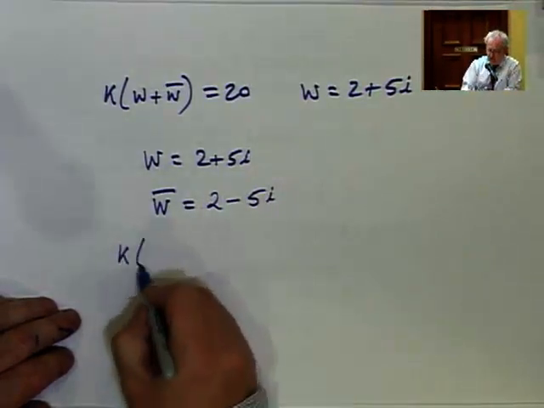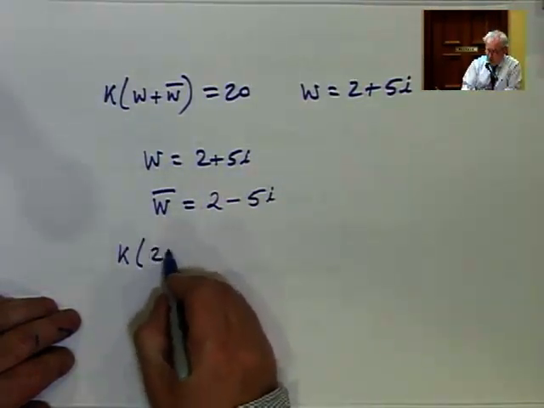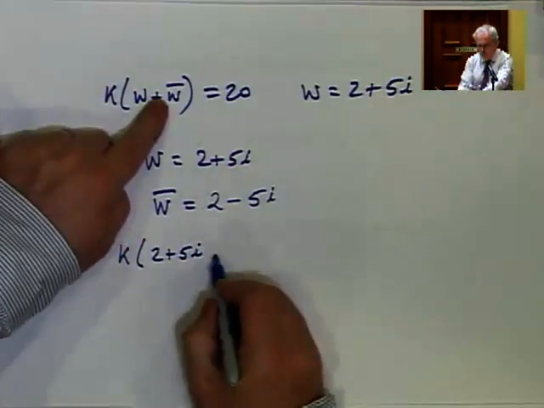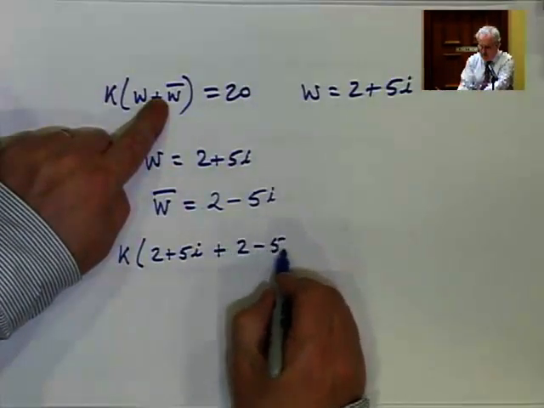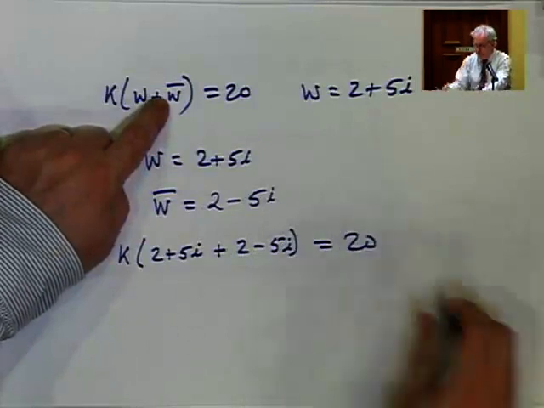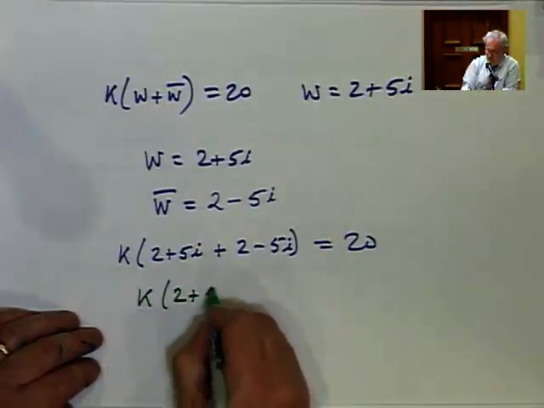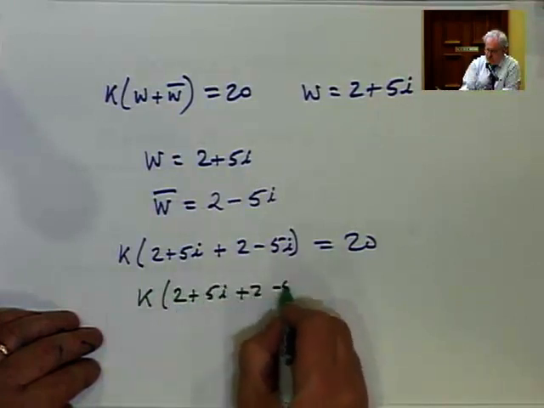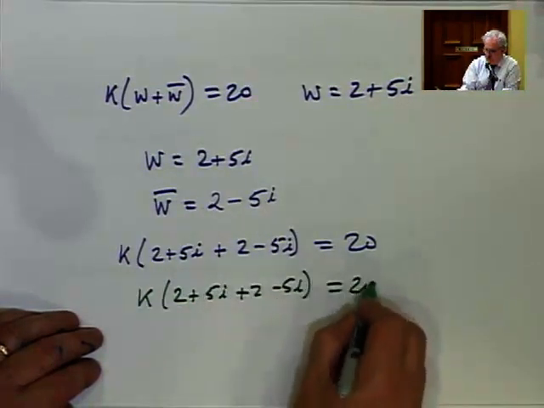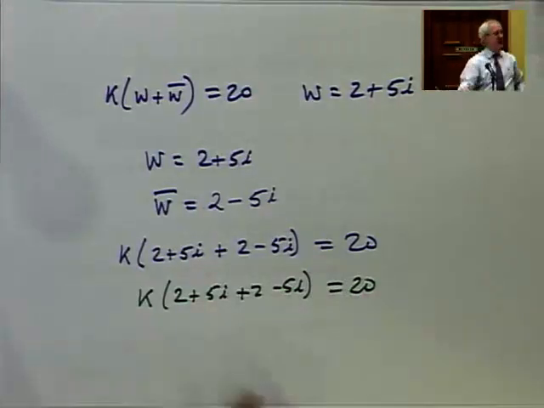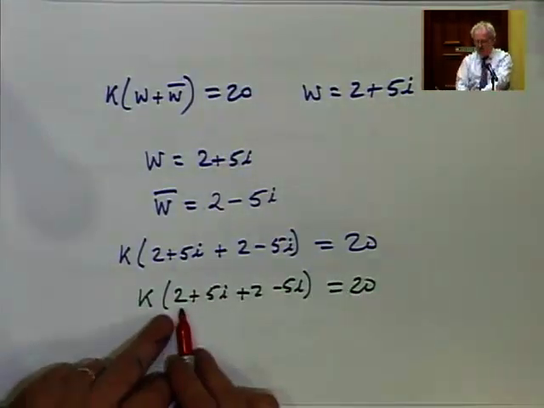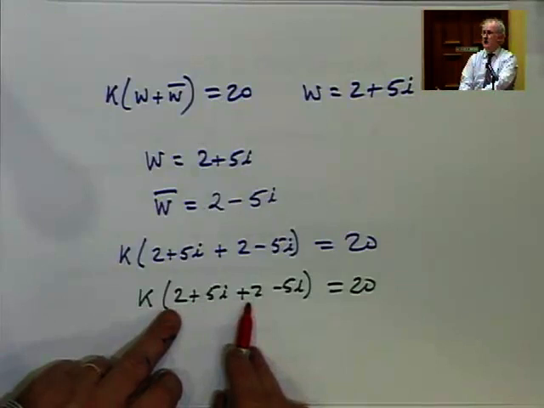So K times W, which is 2 plus 5i, plus W bar, 2 minus 5i, is equal to 20. So K times (2 plus 5i plus 2 minus 5i) is 20. Let's add up some of these bananas and oranges together. The 2 and the 2, they add up, don't they?